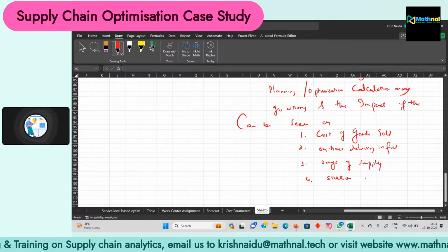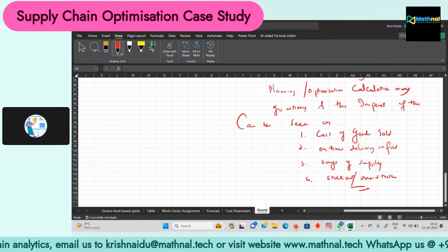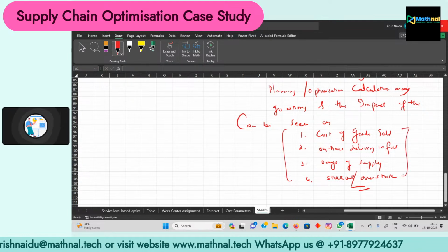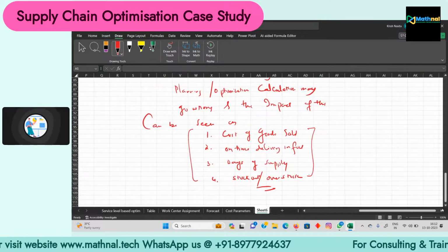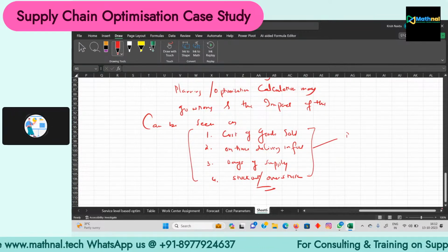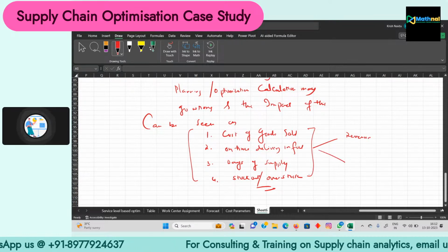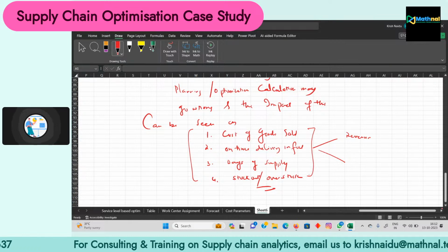Stock out, overstock. So it is going to impact a lot of KPIs, and all of them are revenue specific and profit specific. So the objective of optimization cannot be realized if you have the wrong time parameters.